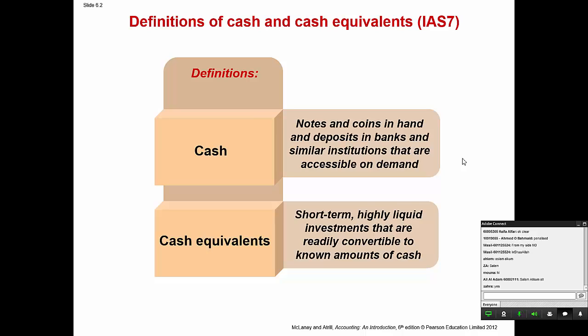And the most obvious example here is the stocks. If the company buys some stocks from the stock market, these stocks can be defined as cash equivalent. And anytime the company wants to change those stocks into money, they directly sell those stocks in the market and get the money directly.